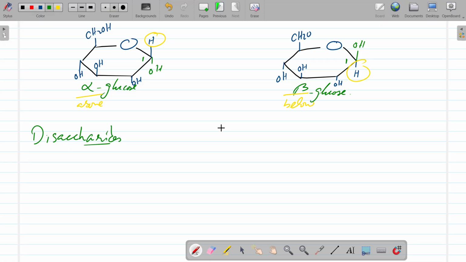You can kind of understand that whether the OH is below or above would affect the shape of the molecule you end up getting. Okay, but we'll talk about it when we get there. That was just a prelude of sorts.